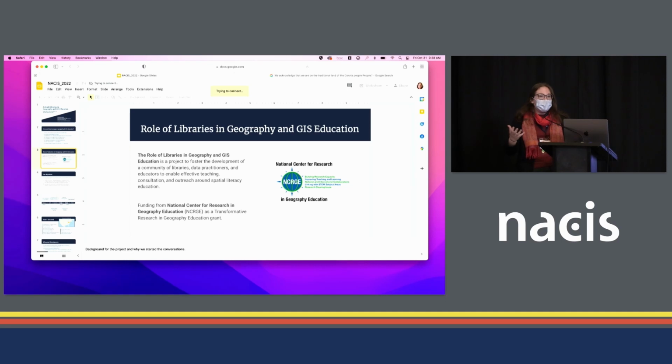And because not every university has a geography department, CMU does not have a geography department, our library had to look for other ways to best support people who were coming to us to try to help build maps.